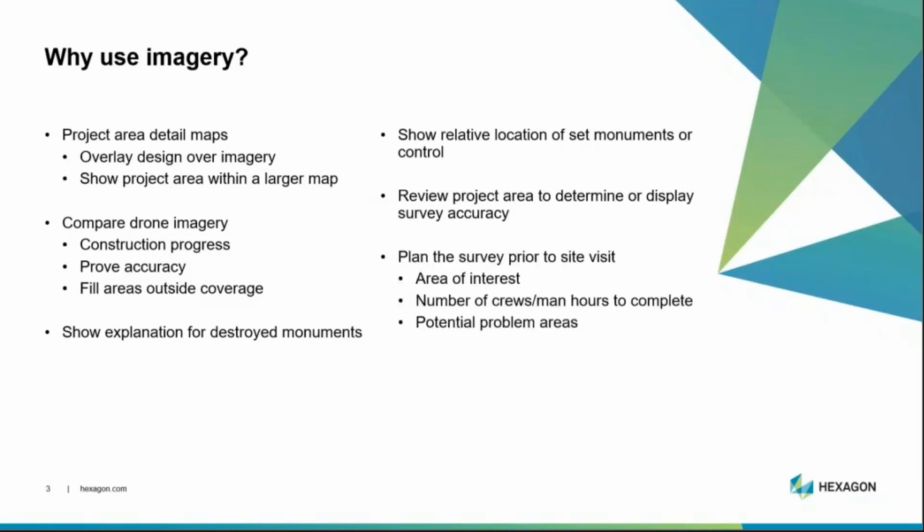And you can plan the survey prior to a site visit. You can review specific areas of interest that might cause you to add a bit more time to your survey or your estimate. It might be able to give you a better idea of how many crews you're going to need on a project or how many man hours you're going to need to complete the thing. And it might help you identify any problem areas.